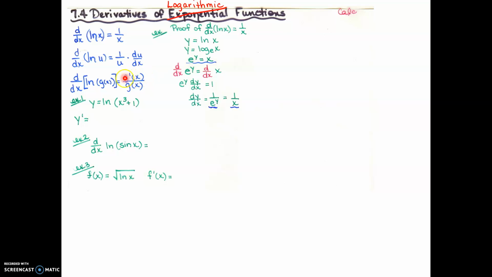Now, something that you'll notice there: if we wrote it this way instead, let's call u g of x. So if we're saying the derivative of the ln of u, where u is g of x, we would say 1 over g of x, times the derivative of g of x. And this gives us a shortcut.